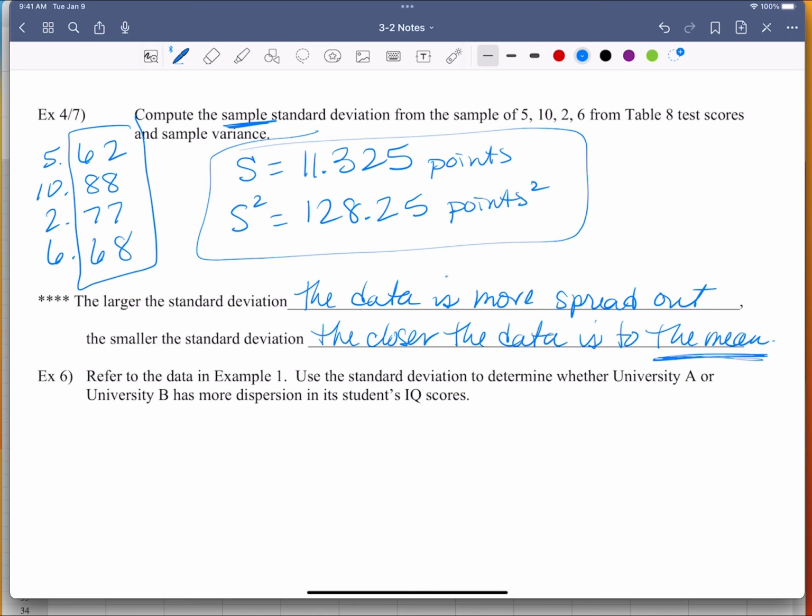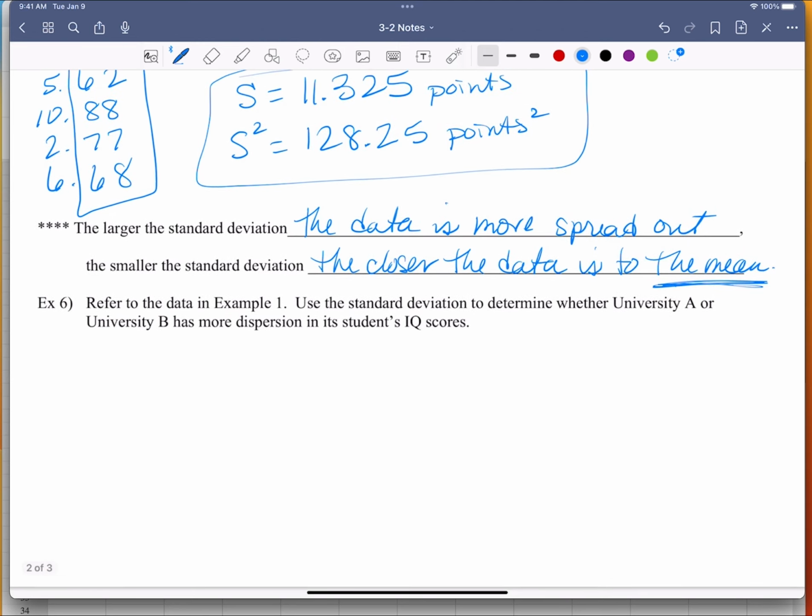All right. Okay, so this is a small set of data, just those tiny little test scores, 10 test scores. What if I have a big set of data like on that University A and University B situation, right?